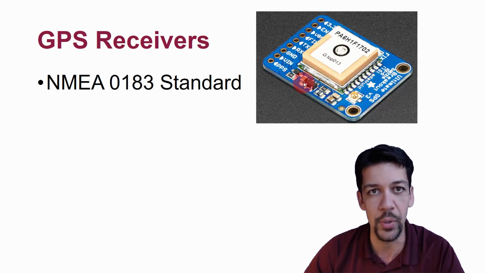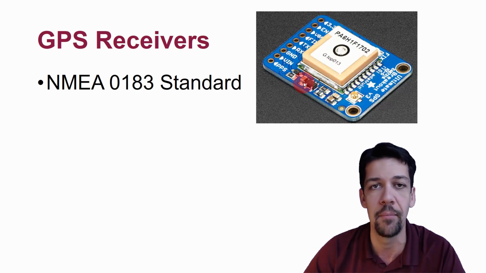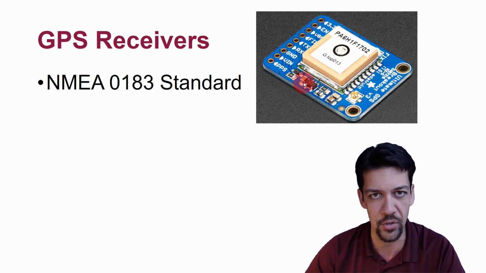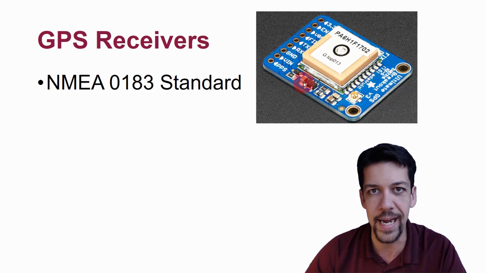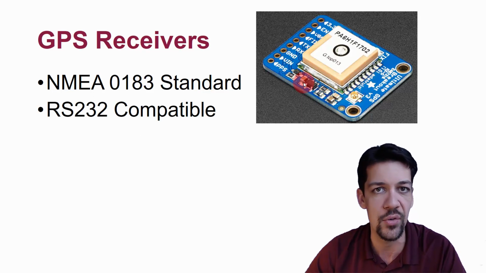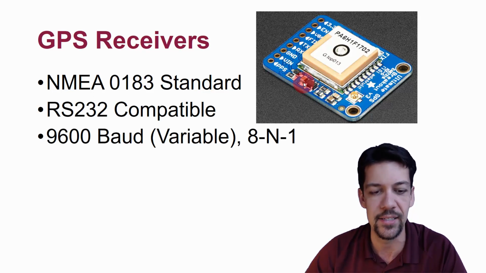What this device outputs, and what most GPS antenna modules output, is what's called the NMEA, the National Marine Electronics Association 0183 standard format. It's an RS-232 compatible serial output that is typically at 9600 baud, but it's often variable.